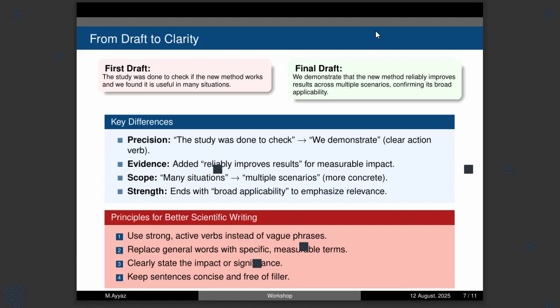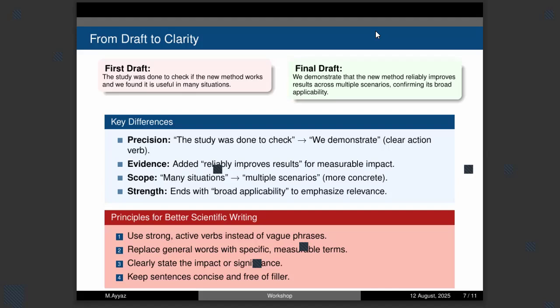And at last, to further strengthen our sentence, we can use a phrase like "broad applicability" to emphasize the relevance of our study to the scope we are referring to. So our final draft can be: "We demonstrate that the new method reliably improves results across multiple scenarios, confirming its broad applicability."